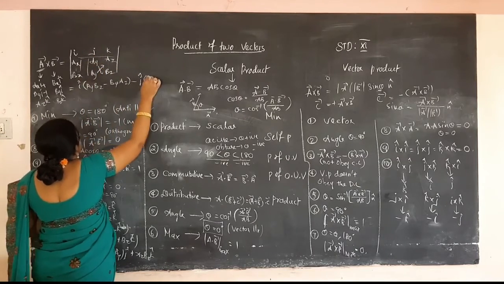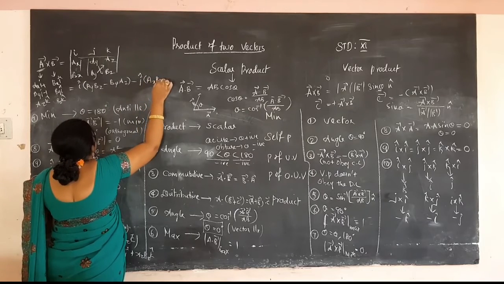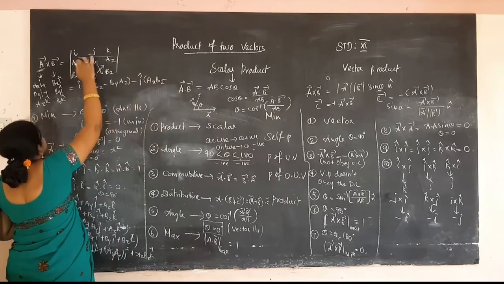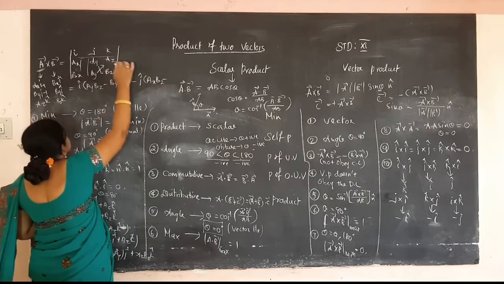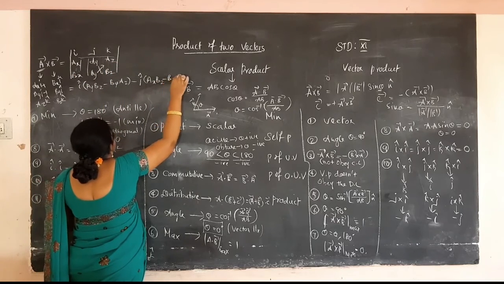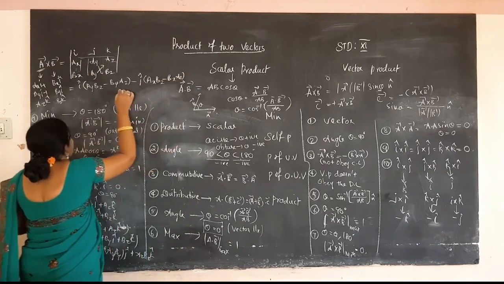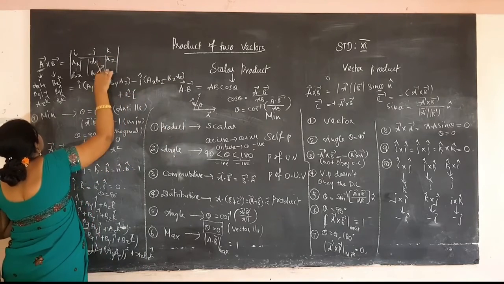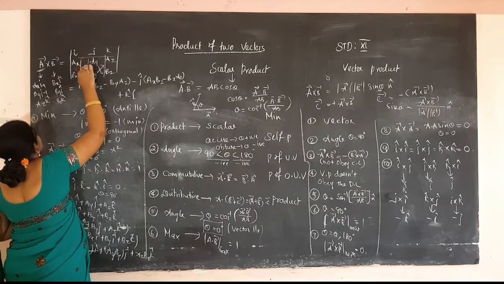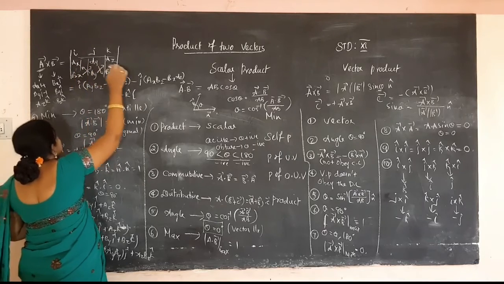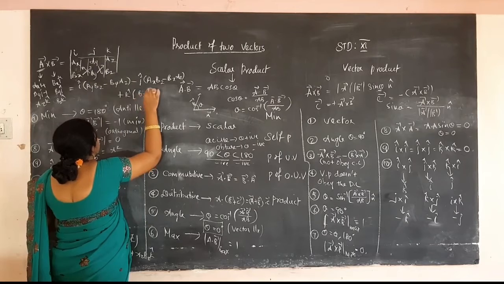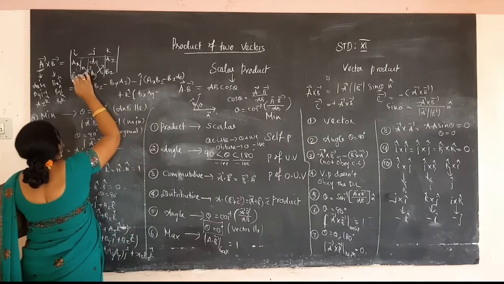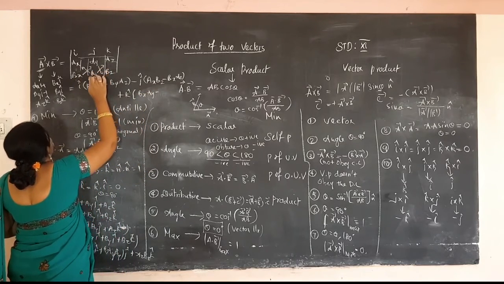So ax into bz minus bx into az, so plus k cap into this also, so multiplying these two, bx into ay minus ax into by.